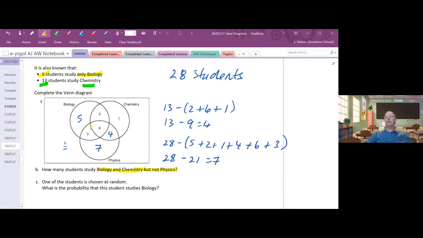Sorry, I've done that incorrect. Sorry, just go back. Right, biology and chemistry, but not physics. And those 5, these 2, and that 1.